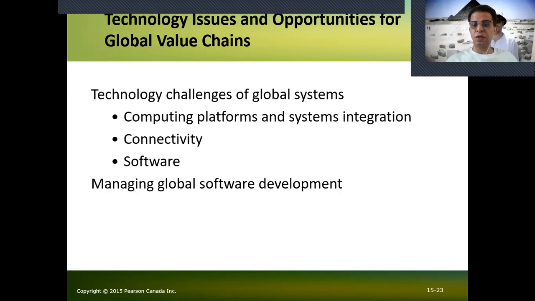In the technology challenges of a global system, there is the computing platform and system integration: how you do the platform, how you do the integration between different systems, whether there is connectivity, and what kind of software you can utilize. And the other thing is managing global software development.